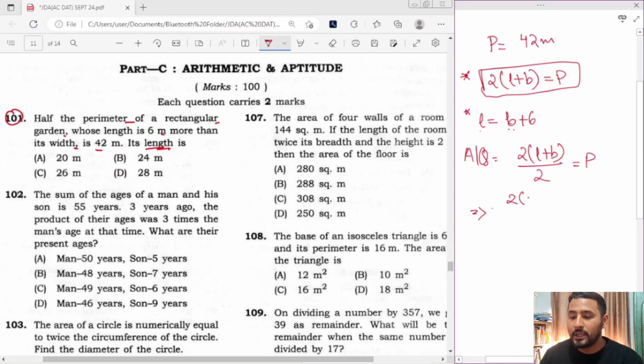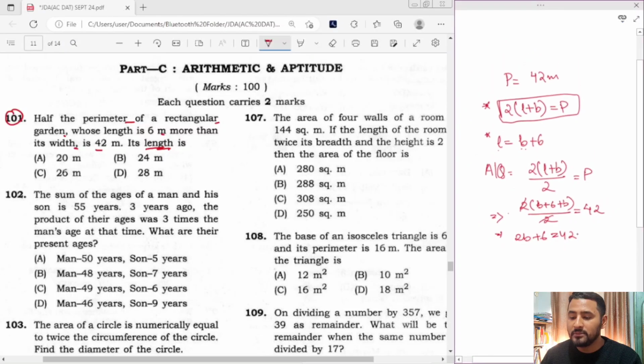L is B plus 6, then plus B, divided by 2, and our perimeter P is given as 42. Let us cancel this 2 and 2. Our remaining will be B plus B, which is 2B, plus 6 equal to 42.